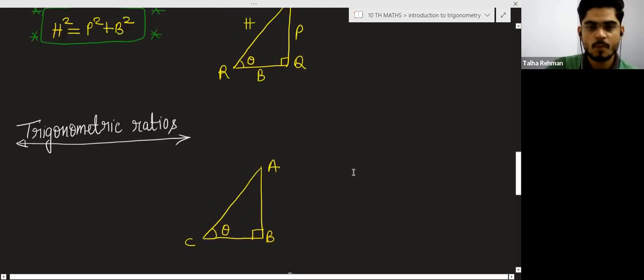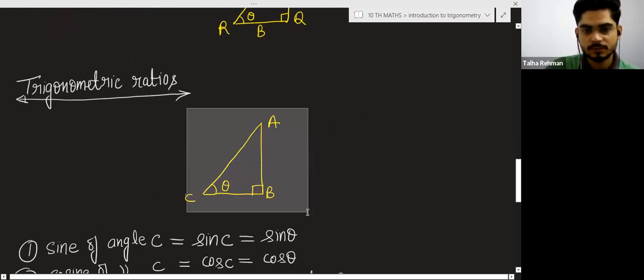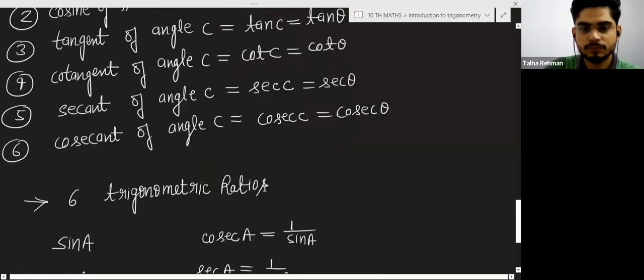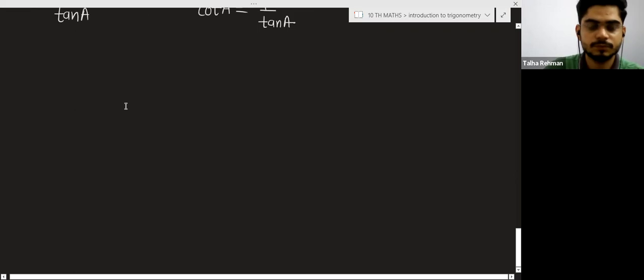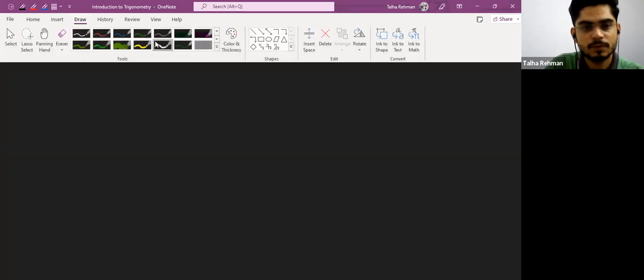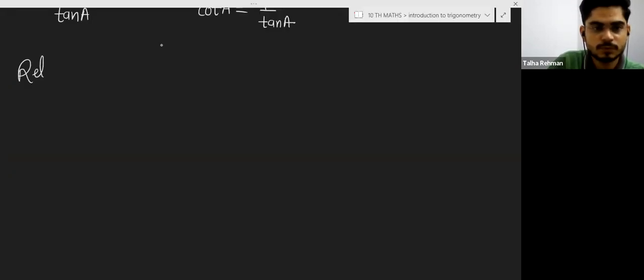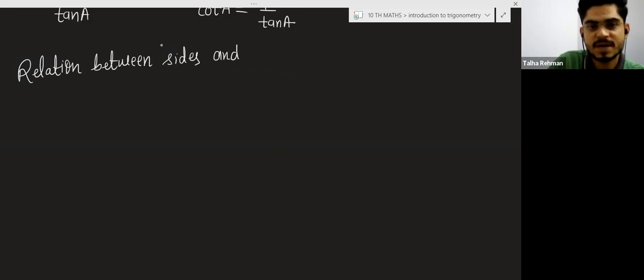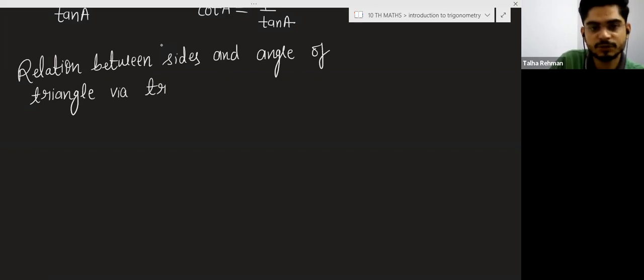Now, the relation between sides and angle of a triangle via trigonometric ratios.